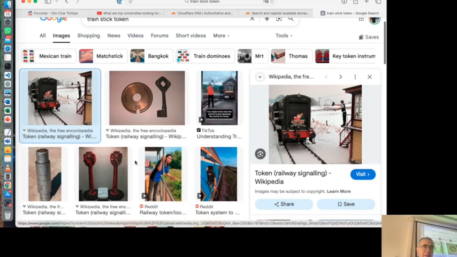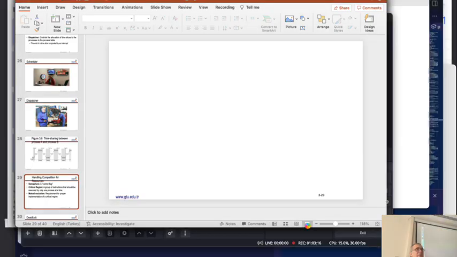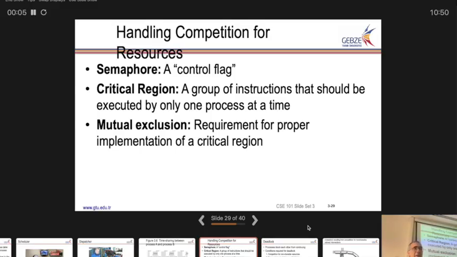That is exactly the same with operating systems, synchronization and critical regions and mutual exclusion. Whether you think of it as bathrooms, trains, or knives or tools, this is quite an important issue in computing, because resources are not shared.